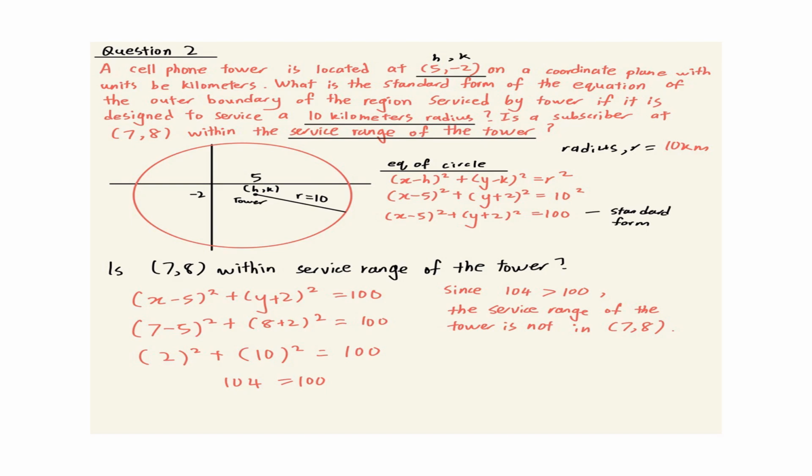To find whether it is within the service range, we simply substitute the coordinate (7, 8) into the standard equation and see whether the answer is higher than 100 or not. Finally, we get the answer 104, and it is obvious that the coordinate (7, 8) is not in the service range. So this is the final solution.